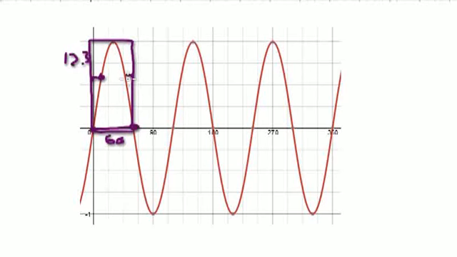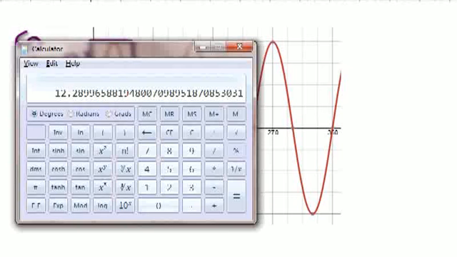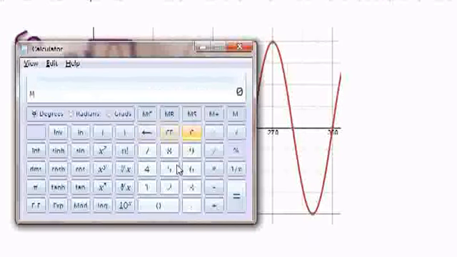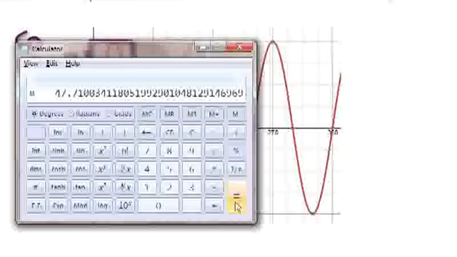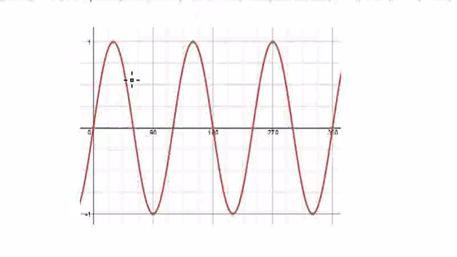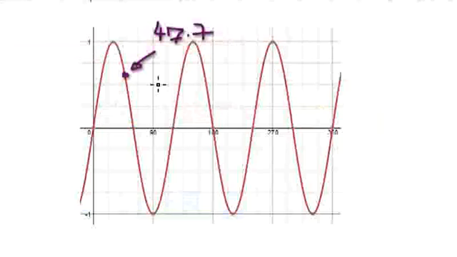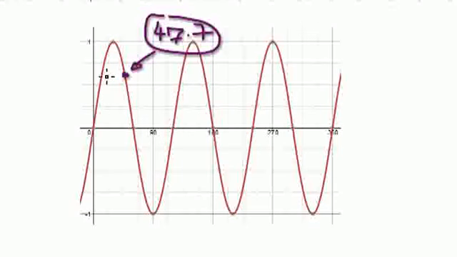If we get 60 and take away this length here, that will give us this point. So really it's 60 take away 12.3. Let me put this into memory. Memory store, okay, clear. So it will be 60 take away our memory equals this. You see, this point here is 47.7.